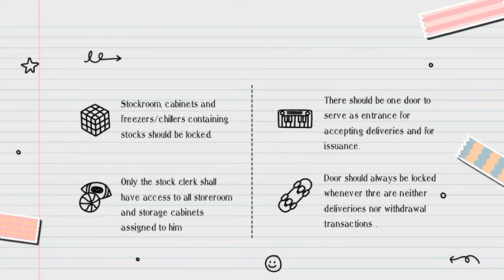Only the stock clerk shall have access to all storerooms and storage cabinets assigned to him. So losses of a product can be avoided. There should be one door to serve as entrance for accepting deliveries and for issuance to avoid confusion. Doors should always be locked whenever there are neither deliveries nor withdrawal transactions.